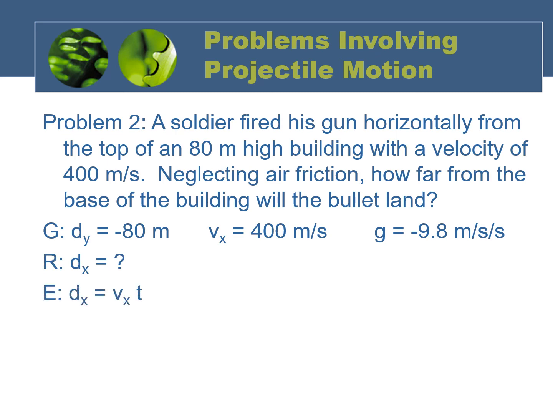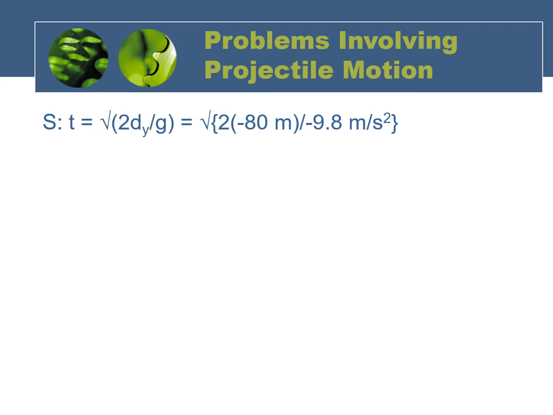The equation for range or horizontal displacement is Vx times time, or horizontal velocity times time. For the solution, in order to find the range, we need to solve first for the time. So using the equation square root of 2 dy over g, we substitute the given quantities.